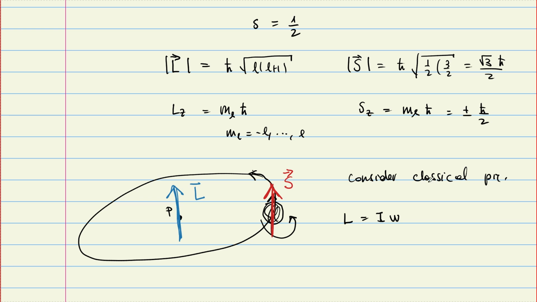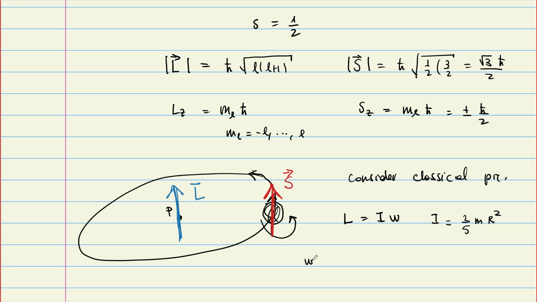But let's suppose electron is a sphere, and so this is the moment of inertia of the object. What is the moment of inertia of a uniform sphere? Does anybody remember? I think it's 2 over 5 m r squared, something like that. Yeah, 2 over 5 m r squared. So this is a uniform sphere.